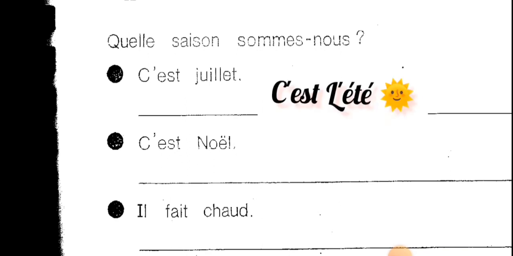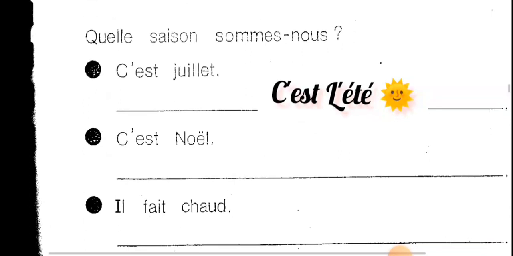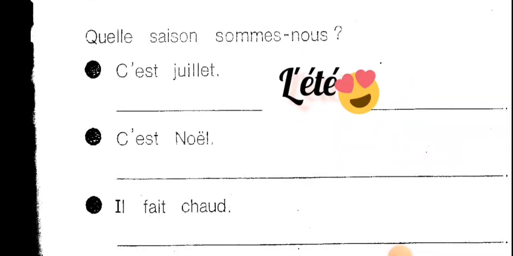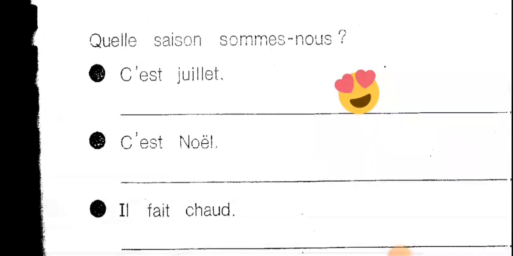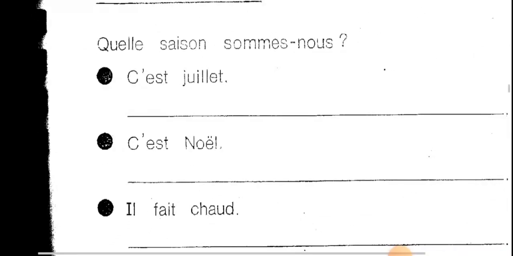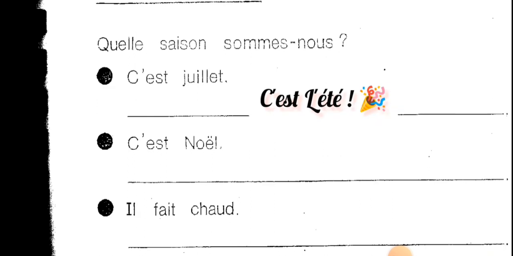And summer in French is called l'été. So, when we ask the question, quelle saison sommes-nous? After reading out the first sentence, c'est juillet, you respond by saying, c'est l'été, to mean it's summer.